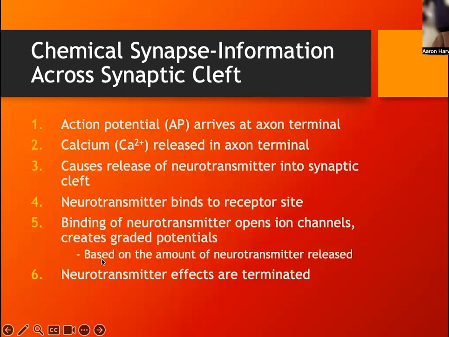The strength of that graded potential depends on the amount of neurotransmitters and the strength of that depolarization. And then basically the neurotransmitter effects are terminated once they have served their purpose. And generally, once you're opening all of those ion channels, you're going to see further depolarization and then generally transmission of a secondary electrical signal.